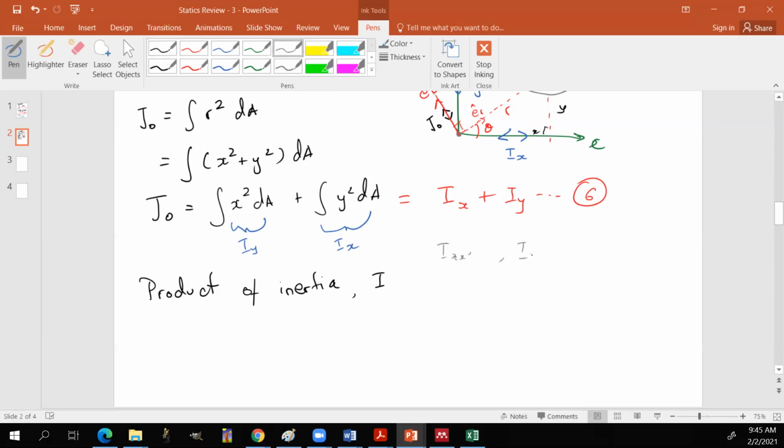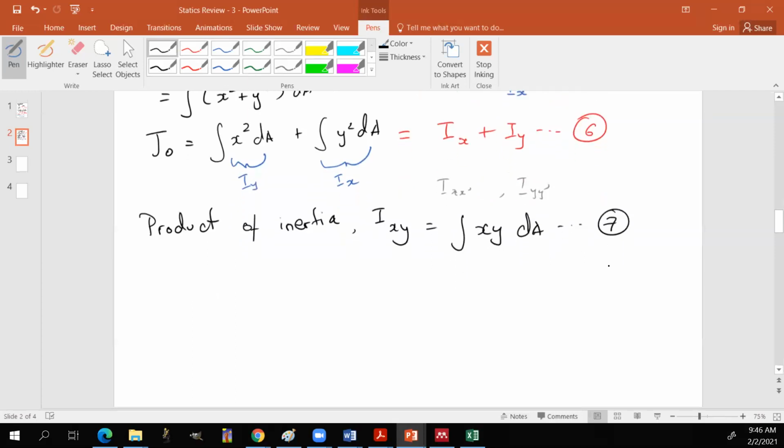They mean the same thing. I'm just shortening this to make our lives easy. So I subscript xy is just the integral of x times y dA. That is expression number 7.